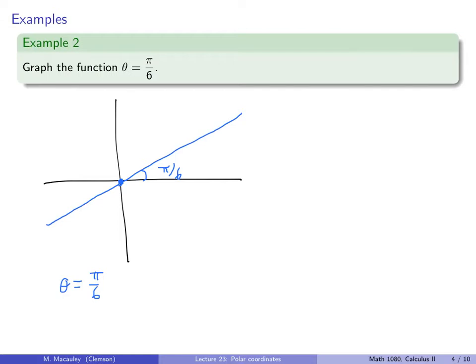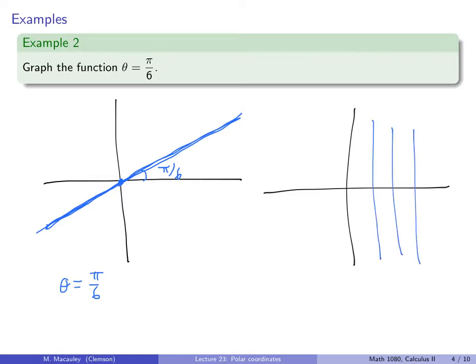Okay, so let me see. Let me draw this thicker, and let me compare polar to Cartesian again. So in Cartesian coordinates, we draw a grid to help us visualize the coordinate system. You've done this, and you maybe have not thought about it in detail as to what this represents.